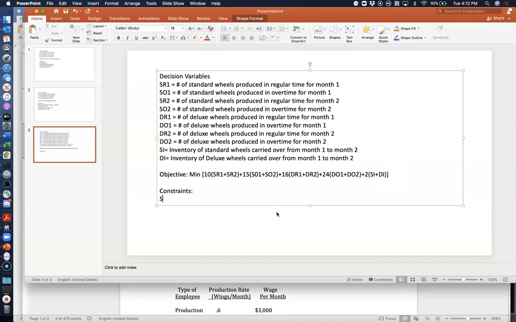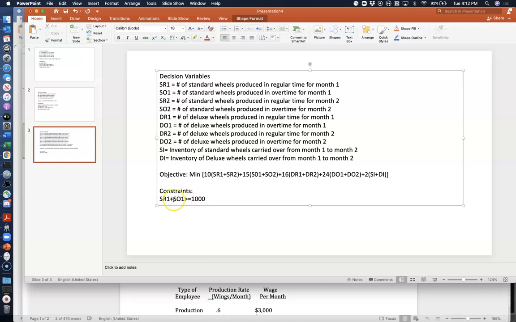So standard wheels, those are SR1 plus SO1. So the total number of standard wheels, whether they are made in regular time or overtime, has to be greater than or equal to 1000. Now, we're not going to say equal to 1000 because you could potentially make more and then carry them over as inventory, right? Maybe let's write that.